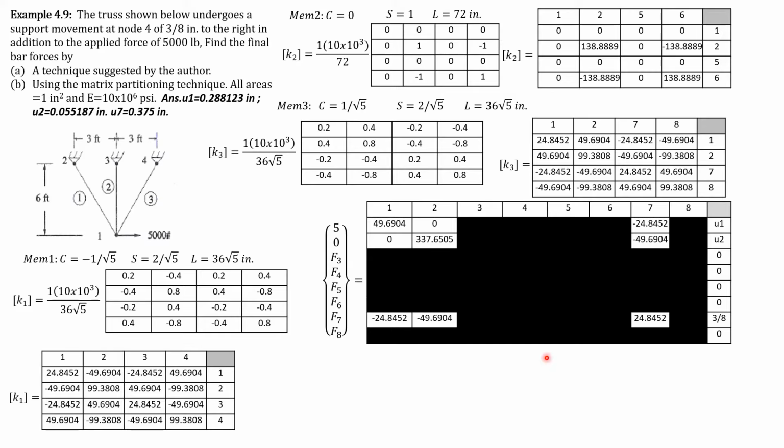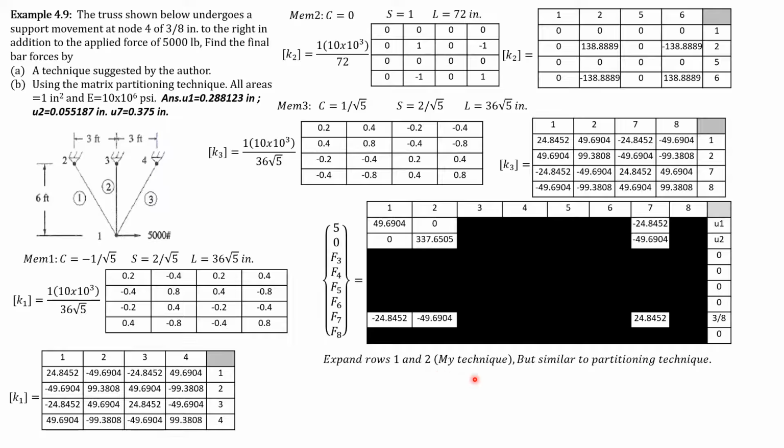Then remember that displacement is specified at this cell here, 24.8452. So we change this by technique number, because we have to partition first. We eliminate rows and columns associated with zero displacement. Because these are all zeros, that's why we do not consider this shaded portion without value.